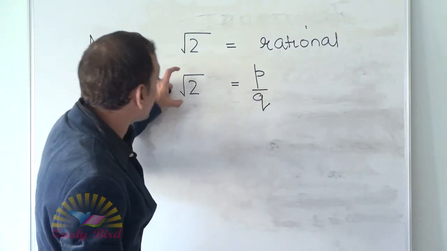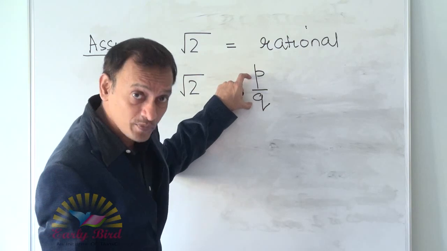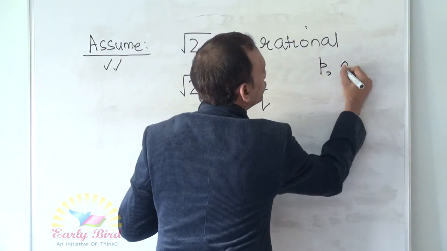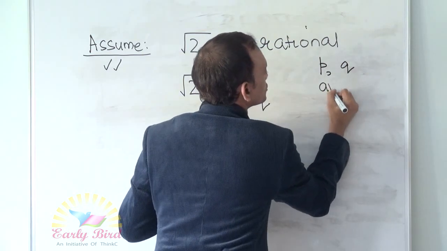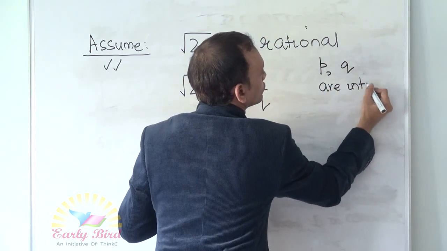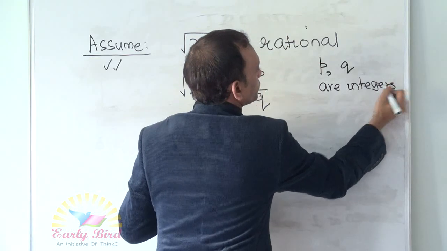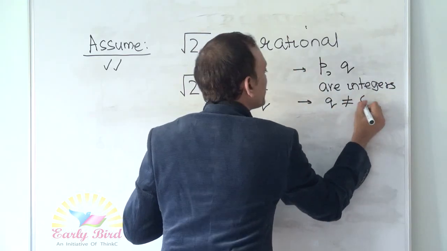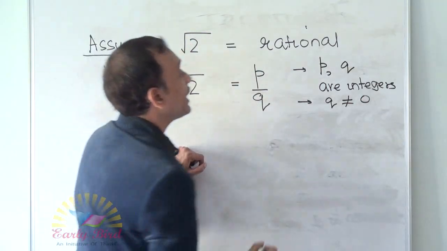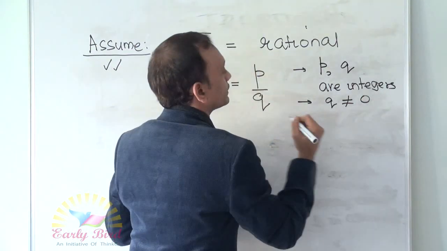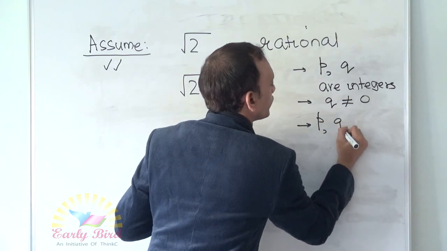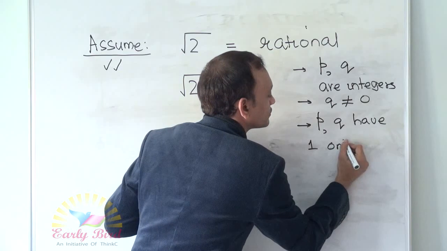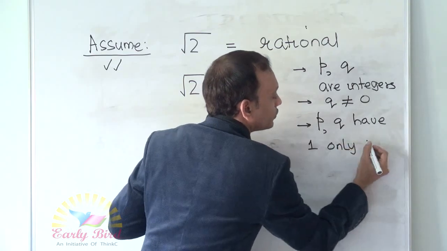In its lowest form, root 2 would be, let's say, some p by q, where p and q are integers. q cannot be 0 because division by 0 is terribly illegal. And p and q have 1 as the only common factor.